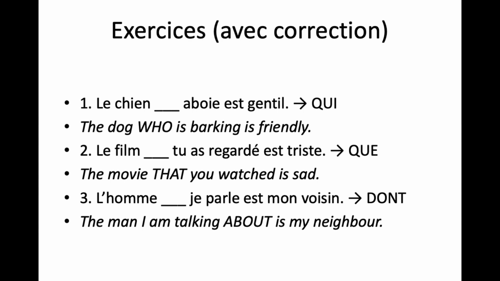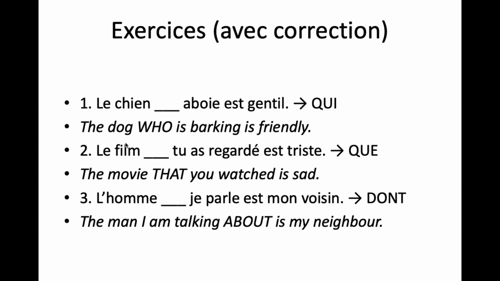So in this case, it's not correct to put an indirect complement. We can directly say tu as regardé quoi? You watch what? A movie, le film, un film. So in this sentence, you have a direct complement. So you have to put que.